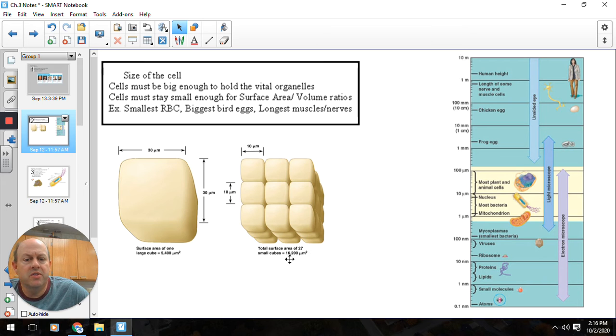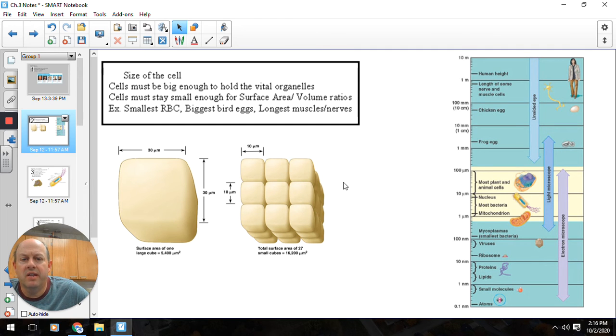And so the surface area is going to be 16,200, basically 3 times as big as if we just had a large giant cube. So the surface area to volume ratio would be significantly bigger for our smaller cells.